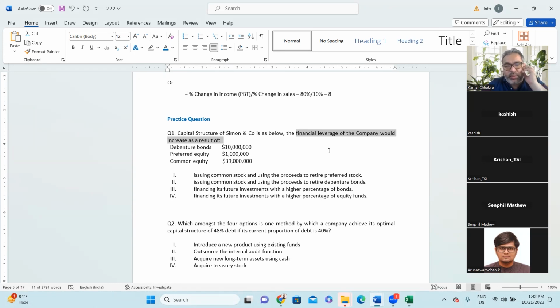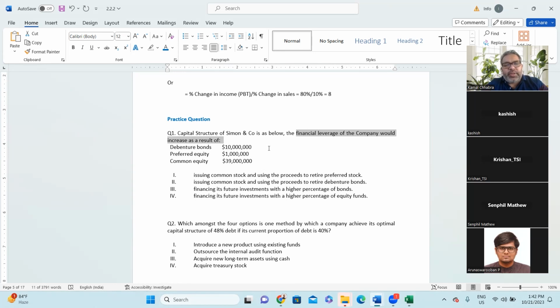In the question there may be multiple information provided to you. You need to identify which information is relevant to provide the answer. So here the call of the question is which statement is correct in the context of financial leverage of a company. The company has debenture, preferred equity, and common stock, right? Common stock is 39 million and preferred stock is 1 million.